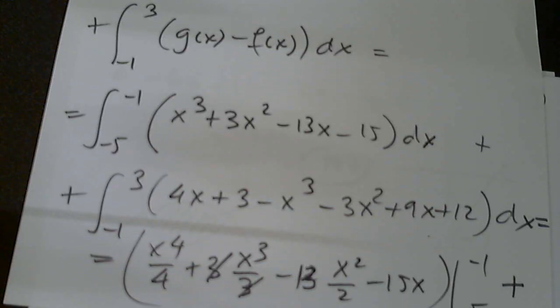A lot of calculations on this one. So x to the third, and then plus 3x squared, and then minus 13x, and then minus 15, of course dx, and then plus the integral from -1 to 3.